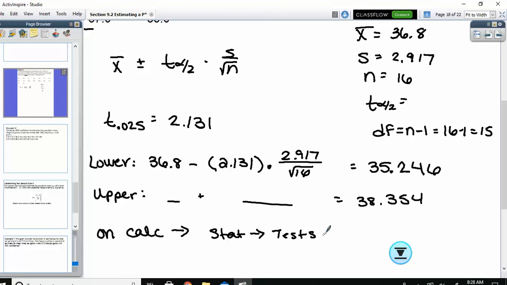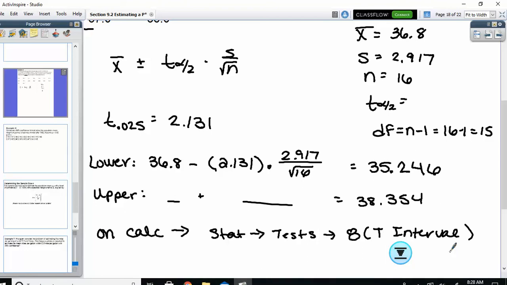Do you guys remember which one we were doing when we had P hat? A. This one, you actually are going to go down to number 8. It's called T interval. Okay, when you select that, it's going to ask you a question. The first is data or stats. We have data because we put everything in L1.